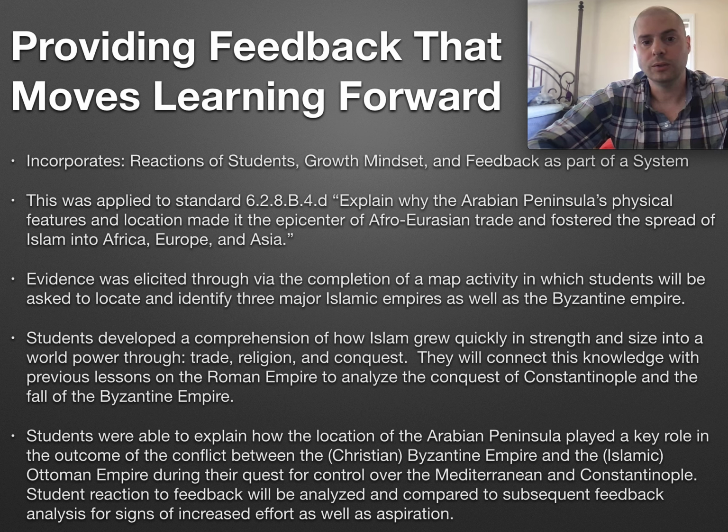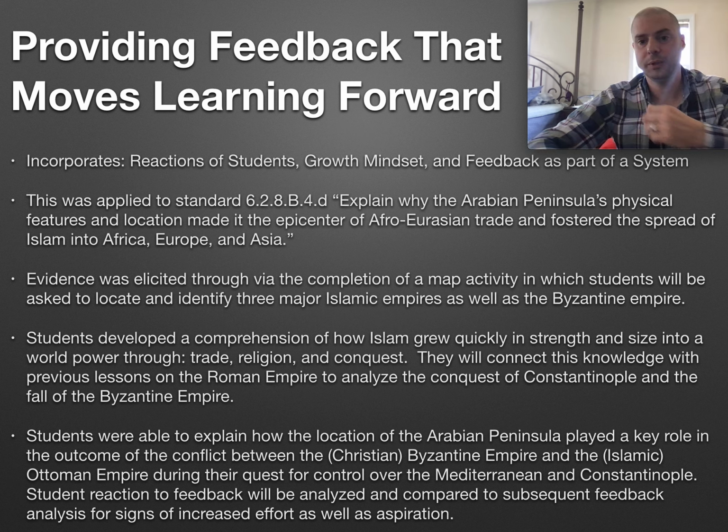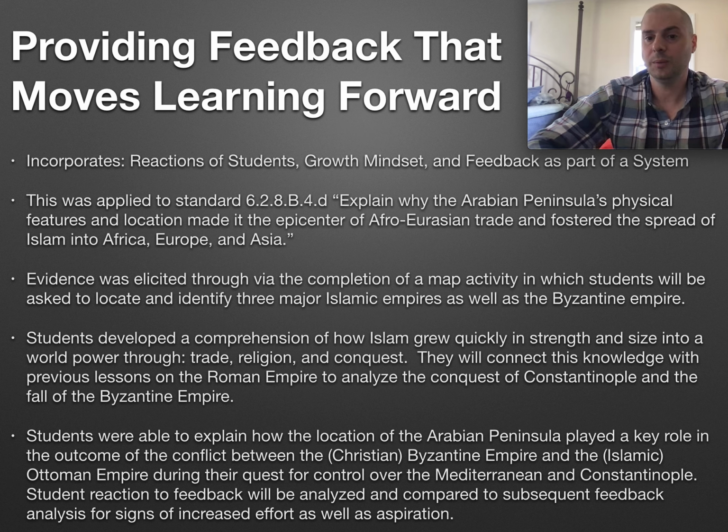In the end, students were able to explain how the location of the Arabian Peninsula played a key role in the outcome of the conflict between the Byzantine Empire and the Ottoman Empire, and during their quest for control over the Mediterranean and Constantinople. Student reaction to feedback is analyzed and compared to subsequent feedback analysis for signs of increased effort as well as aspiration.